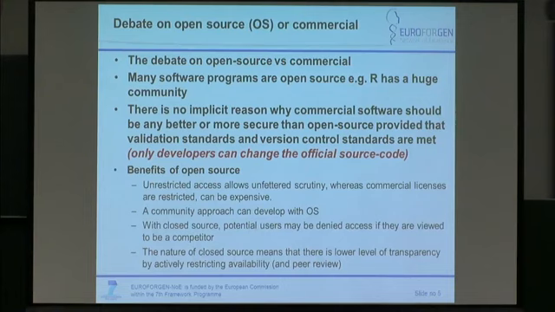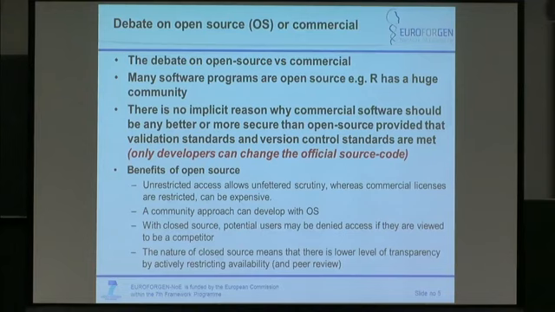In addition, with closed source, potential users may be denied access if they are viewed to be a competitor by the commercial entity. So you may never be able to do any peer review whatsoever on this commercial software because they simply refuse to sell it to you.